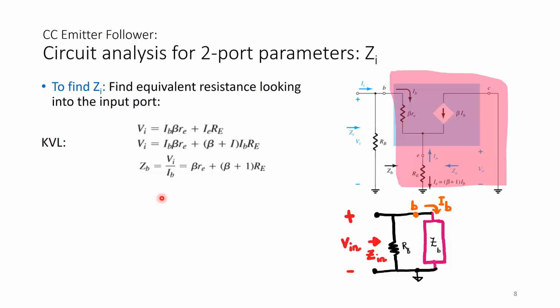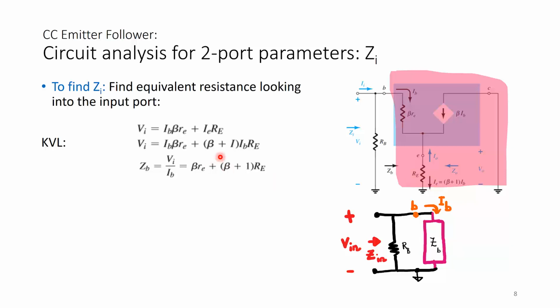So I can do KVL, or Ohm's law, whatever you want to call it, across beta re, the small signal model parameter, and RE, which is the emitter resistance. So Vin is equal to IB beta re plus IE RE, because IB goes through beta re, but IB does not go through the emitter resistance. For the emitter resistor, what goes through the resistor is the emitter current, IE.